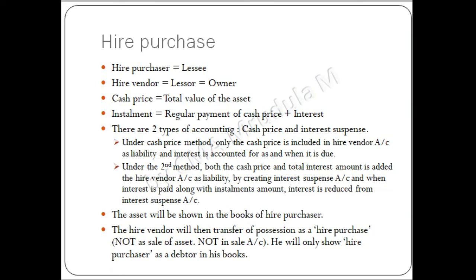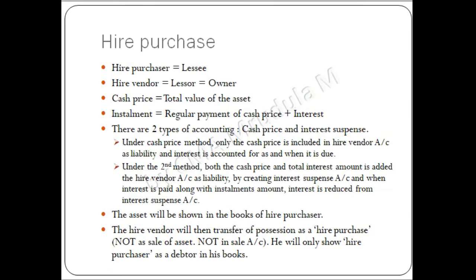In case of the interest suspense method, in addition to these four ledgers, an interest suspense account is also created. In this method, in the first year itself, the asset account is debited and the hire vendor account is credited with the entire installment amount, and the interest suspense account is also debited with the entire interest amount.